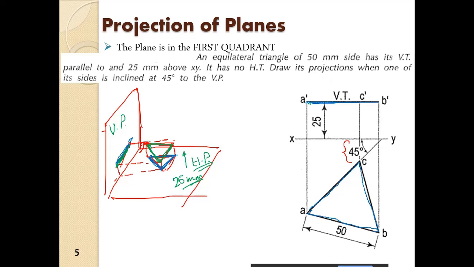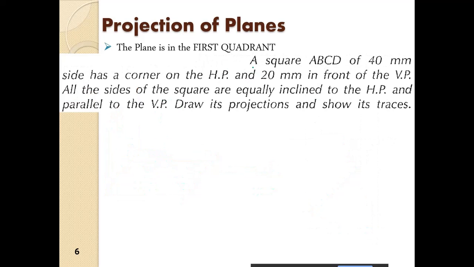So this trace is what we see in the front view. And if we see from the top, this is what we will see, the projection of the plane on the horizontal plane. So no horizontal trace. Then we discussed this particular drawing.